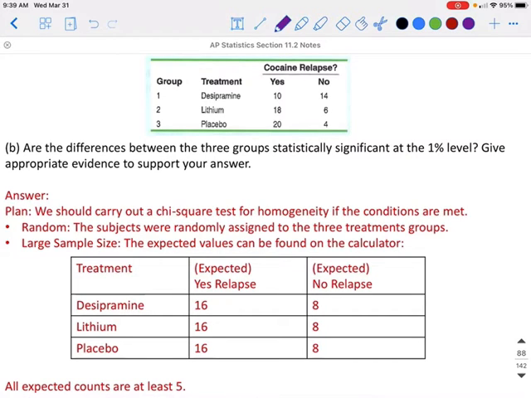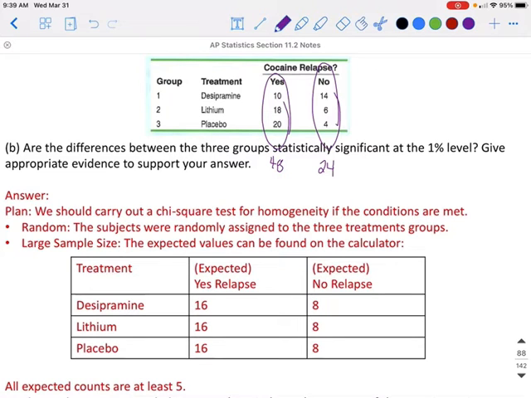Now, we can see where they're getting these values based on the totals. So how many total relapsed for all 3 drugs? We have 48. And how many did not relapse would be 24.